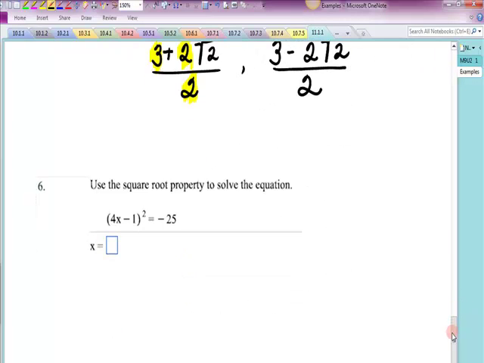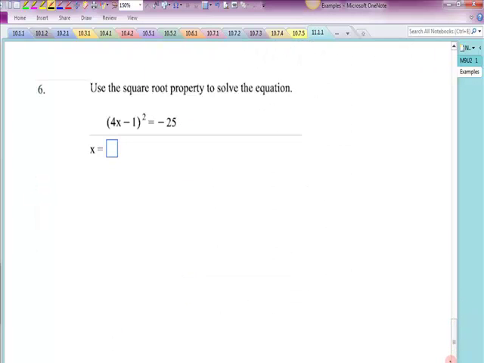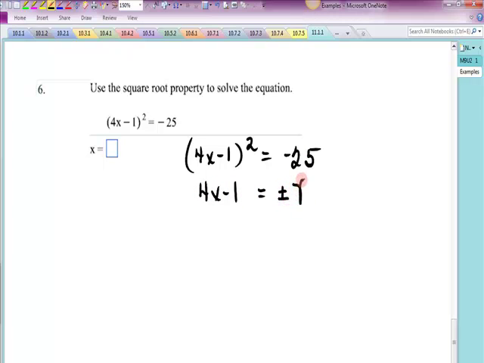Okay, I think we have one more using the square root property. I have 4x minus 1, quantity squared, is equal to negative 25. Is it in the right format? Yes, something squared equals a constant. Take the square root, so I have 4x minus 1 is equal to plus or minus the square root of negative 25.